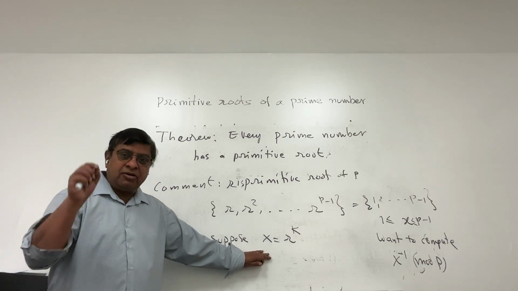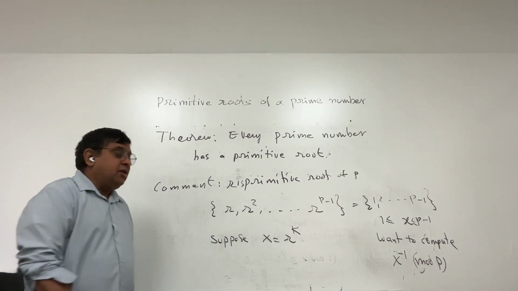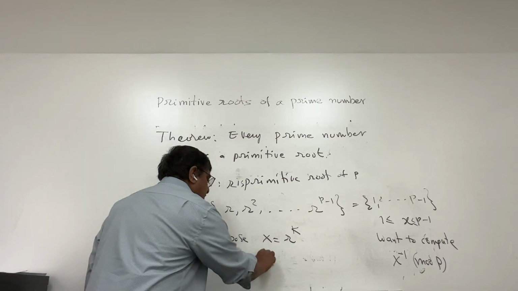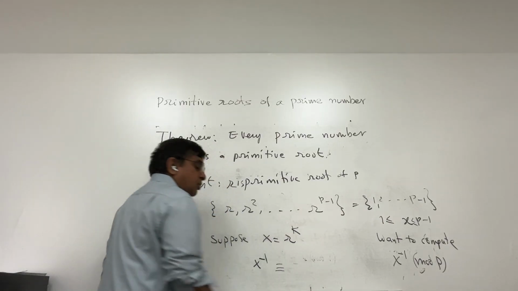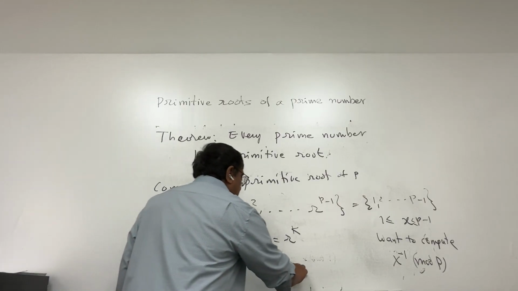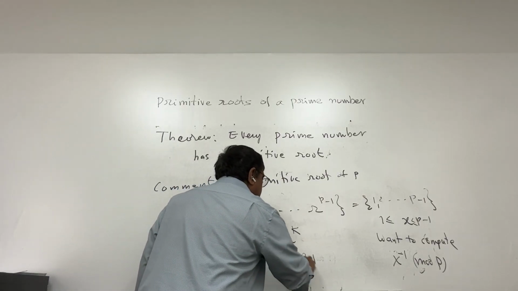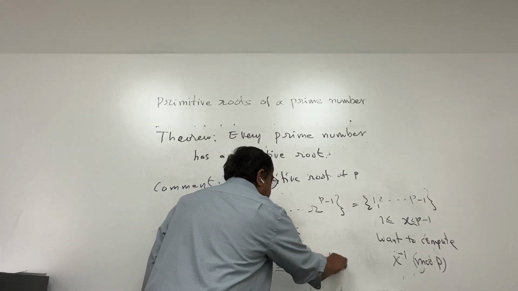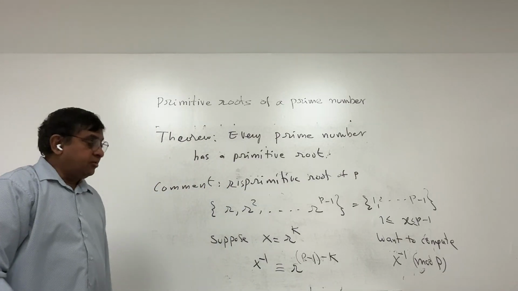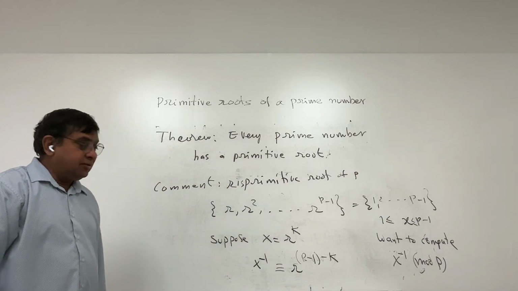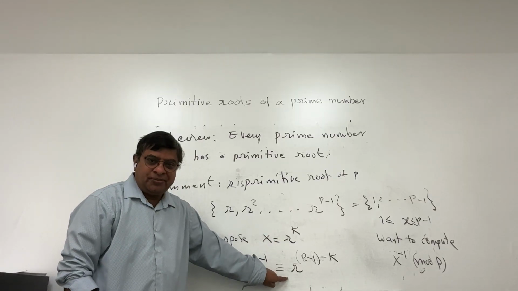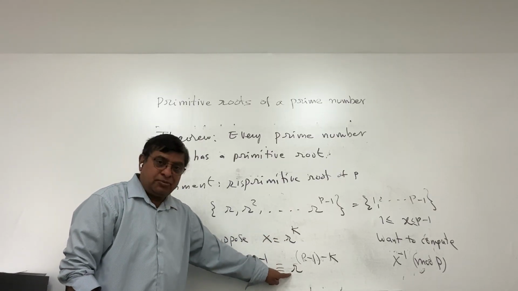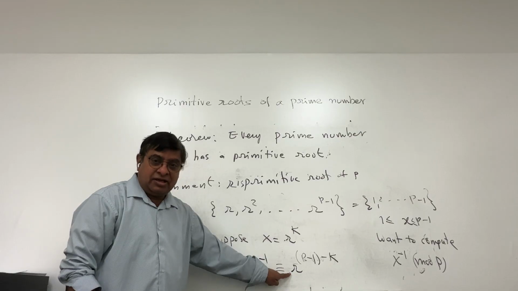As a matter of fact, you could write down the x inverse. The x inverse would be, what will that be? That is congruent to r to the power of p minus 1 minus k. Why is that? Because if I multiply these two numbers, I get 1.